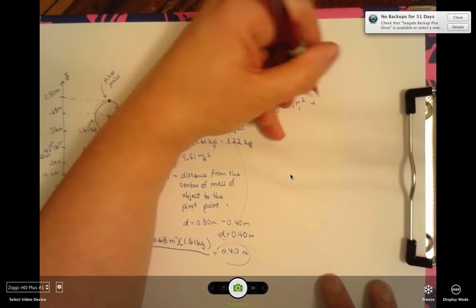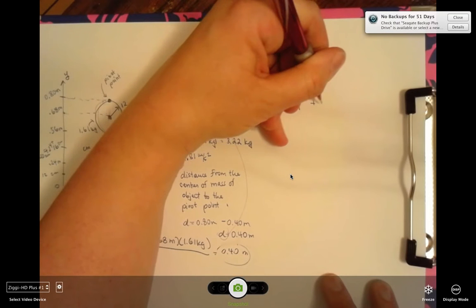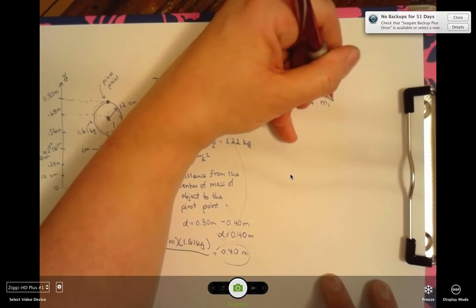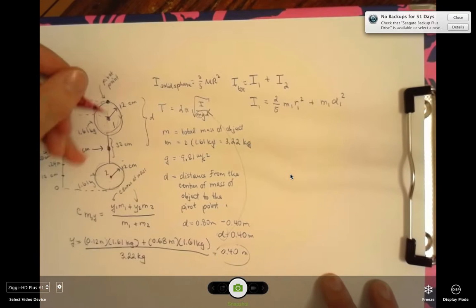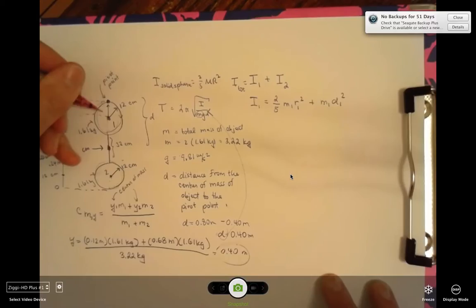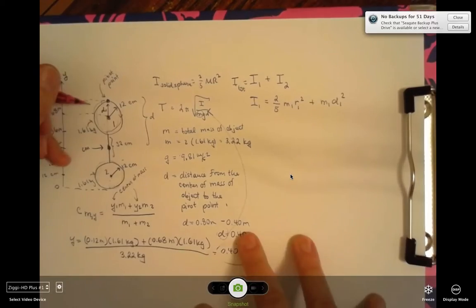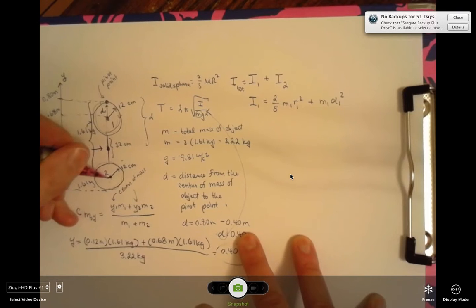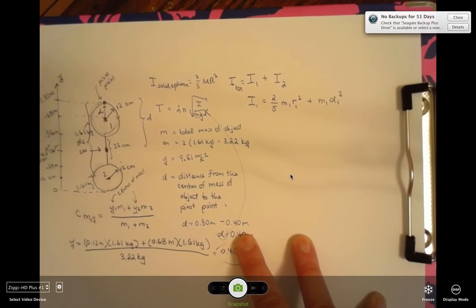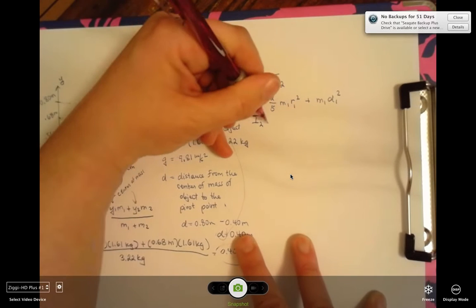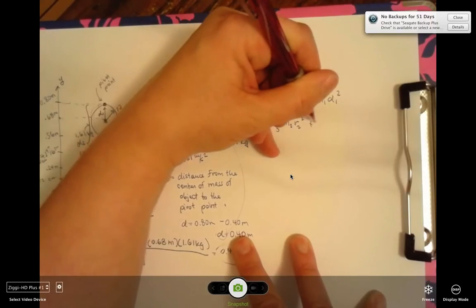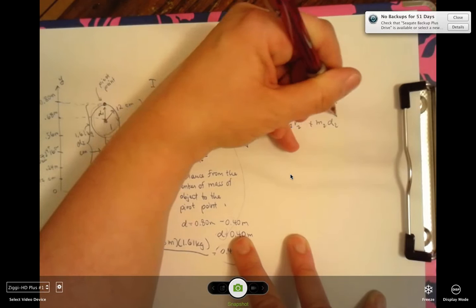So we need to add in m d squared, where we've got the mass of 1 and its d. So d1 squared is this distance right here. d2 is going to be this distance, because this one has to come all the way up to here to rotate around that one. So I2 is going to be 2/5 m2 r2 squared plus m2 d2 squared.